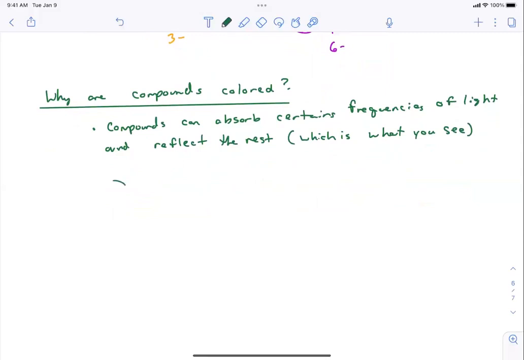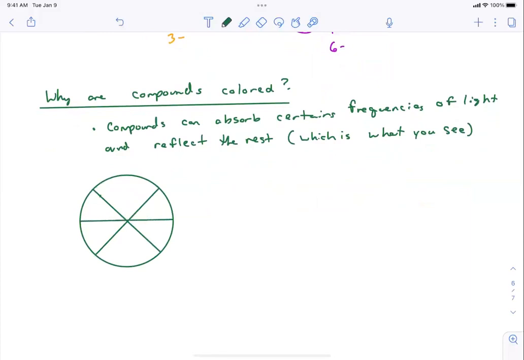So this is where our color wheel comes into play in our data booklet, for those of you that have seen that section, because we talk about complementary colors here. Red, orange, yellow, green, blue, and violet. You see the complementary color of the color absorbed.